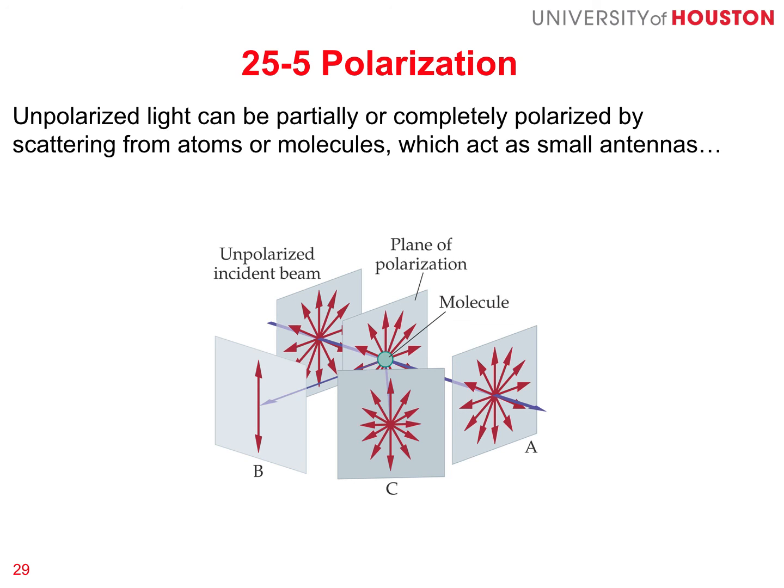We have light that scatters to point C, which is partially polarized, and by partially polarized we can see that some of the horizontal oscillations have been reduced. The light that scatters to point B is completely polarized, and in this case the only direction of oscillation is in the vertical direction and there are no oscillations in the horizontal direction.